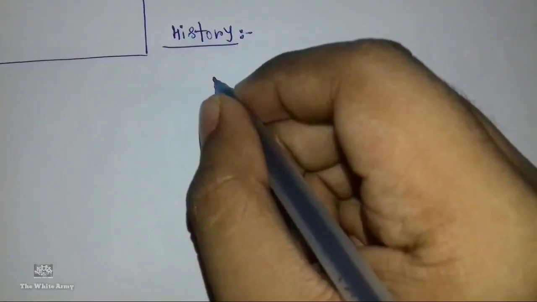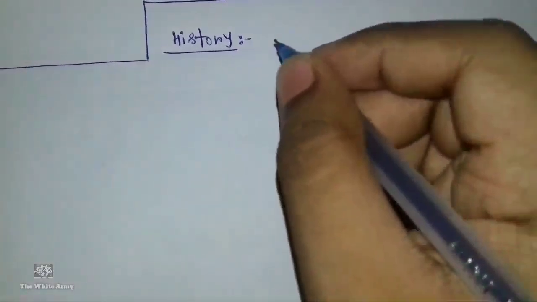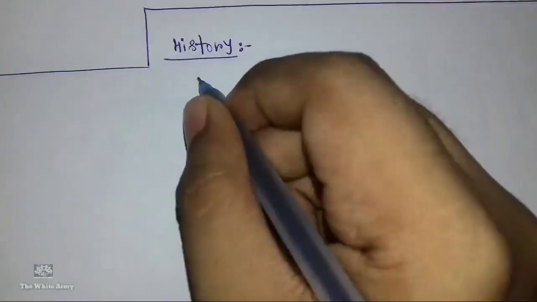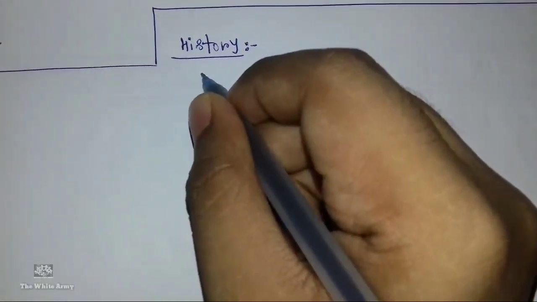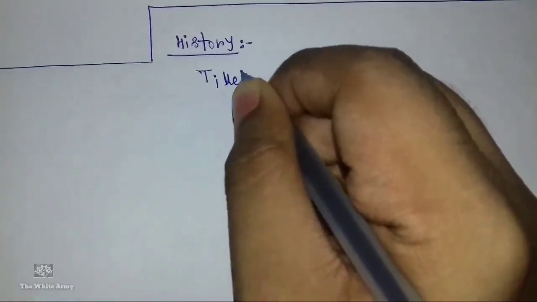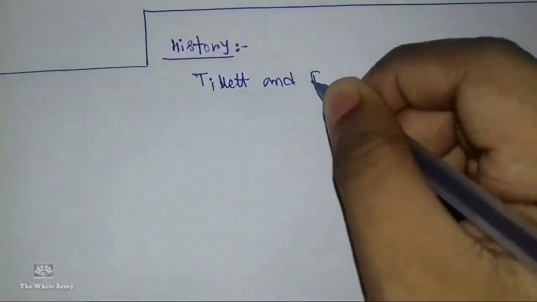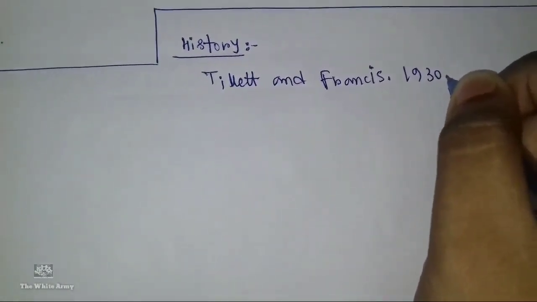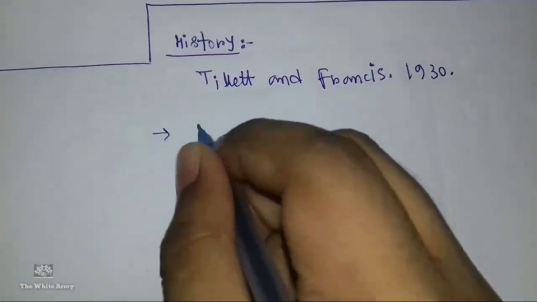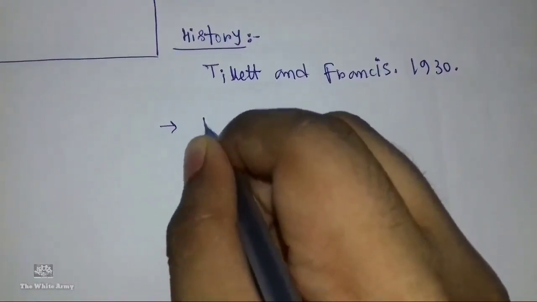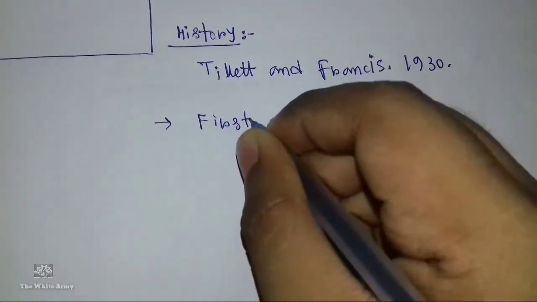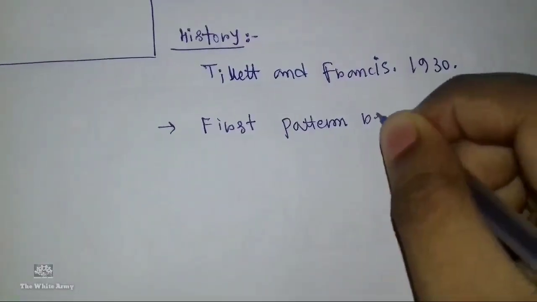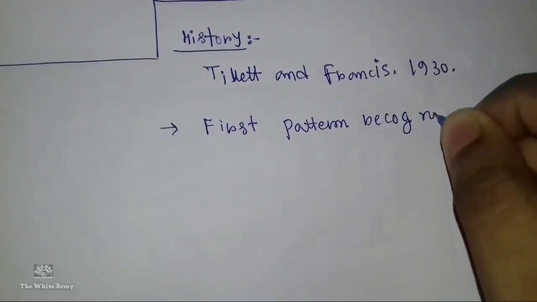So now let's talk about some of the history and the nomenclature of the C-reactive protein. Why is this called C-reactive protein? It was first discovered by two scientists, Tillett and Francis, in the year 1930. It was the first protein identified that is a pattern recognition receptor.